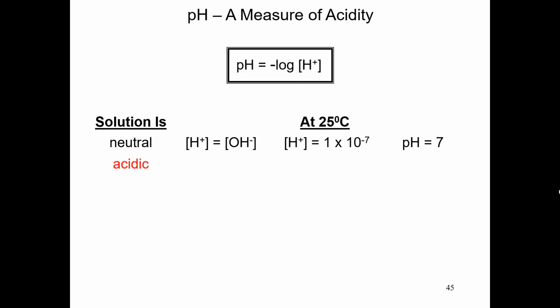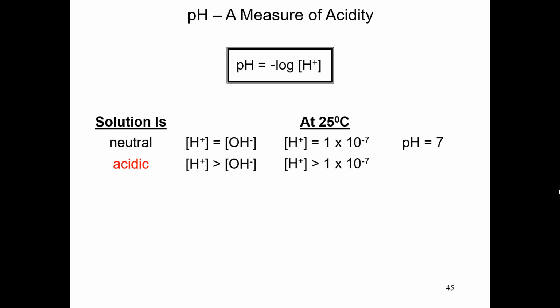Let's look at an acidic solution. In this case, the concentration of hydrogen ions is greater than the concentration of hydroxide ions. So that means that the hydrogen ion concentration has to move up above that middle point. So it has to be, therefore, greater than 1 times 10 to the negative 7 molar.